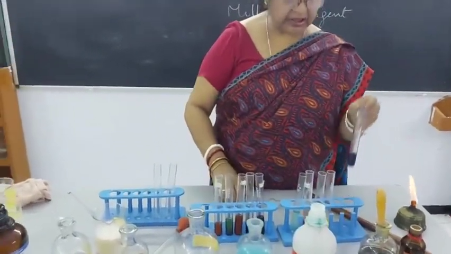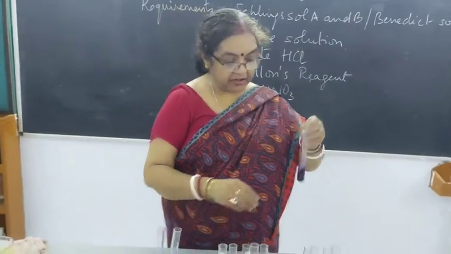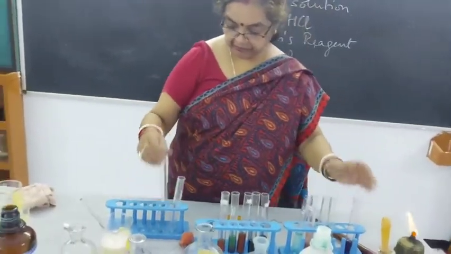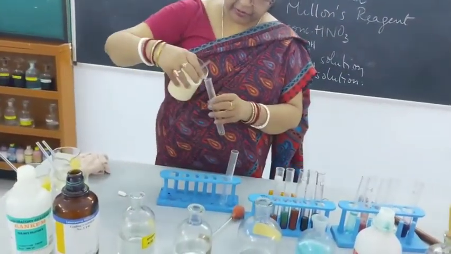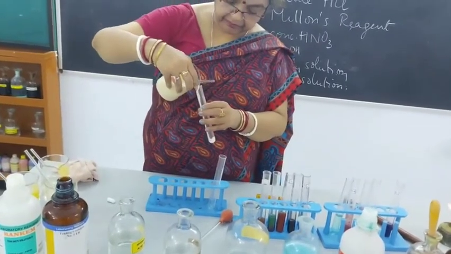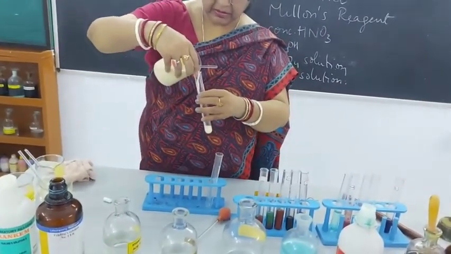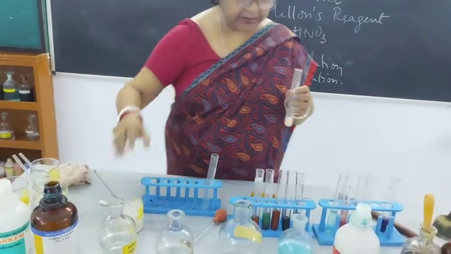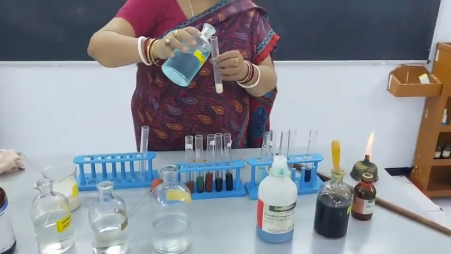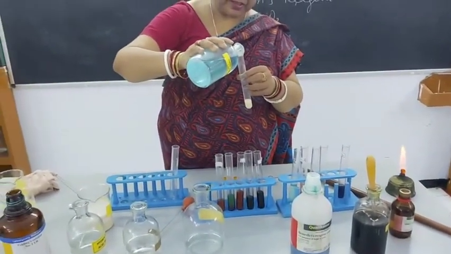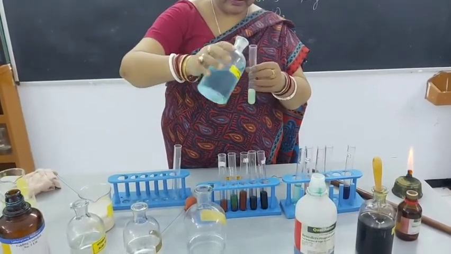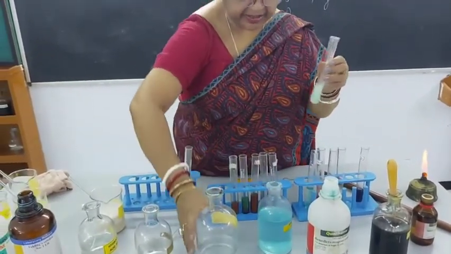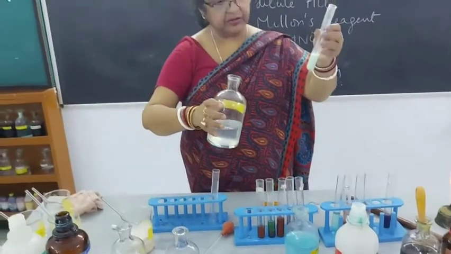Then we will do the biuret test. For that we will take the protein solution and we will add copper sulfate. We will add some copper sulfate to this, and then a light blue color comes, you can see.